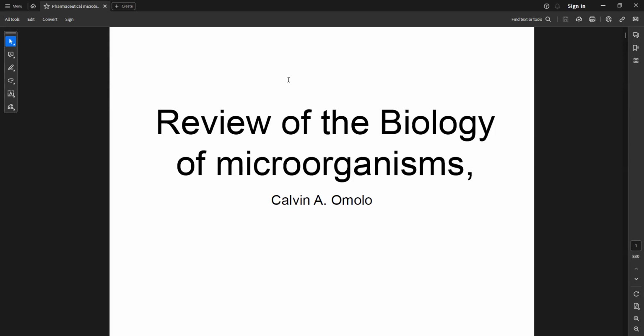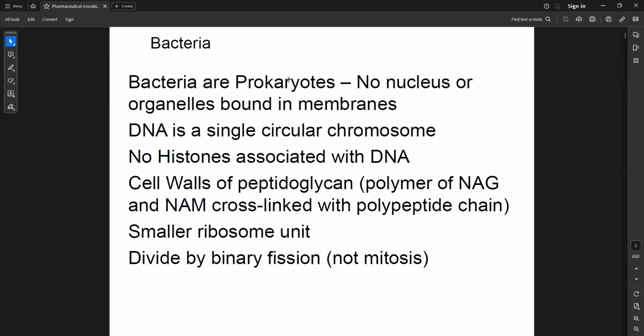So we'll start with bacteria. These are prokaryotes. They have no nucleus or organelles bound in membrane. And we know the difference between eukaryotes and prokaryotes. I think it has been touched on before. DNA is a single circular chromosome. It contains no histones associated with DNA.